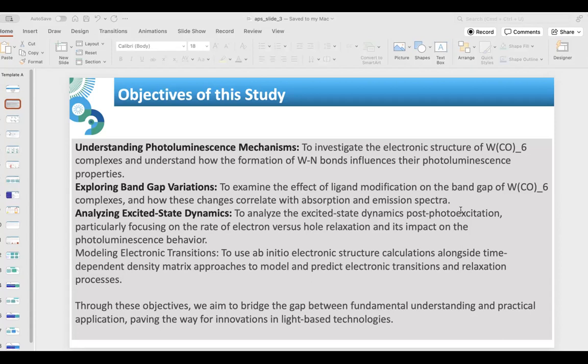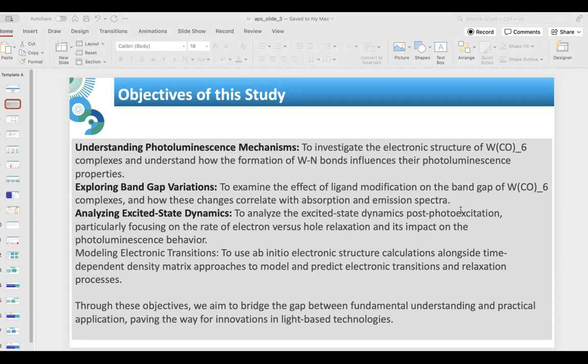The main challenge, I believe, is that when we use different ligands, their bonding with the central metal affects the energy level and consequently the absorption and emission spectra.